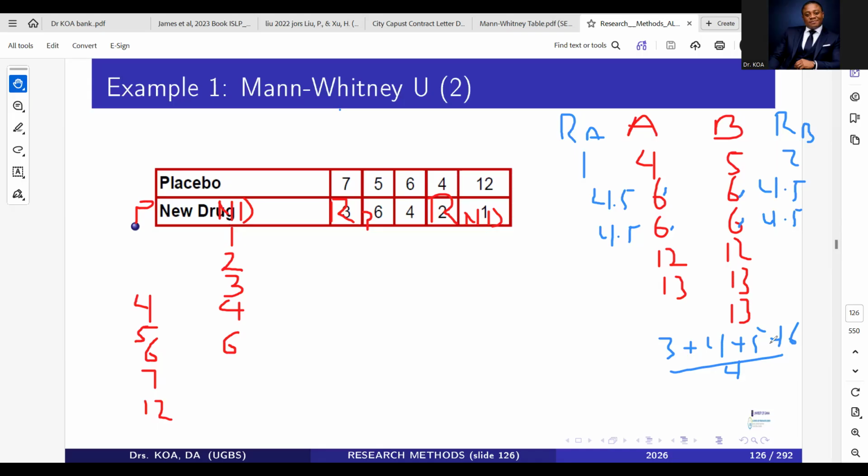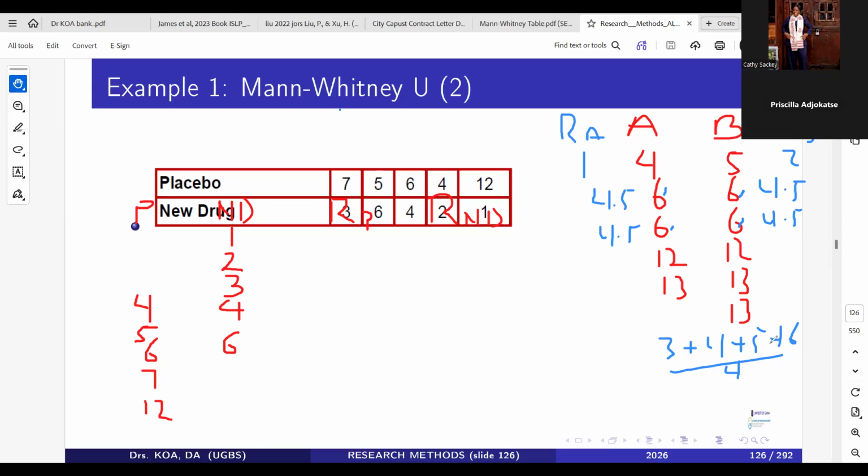So the next rank will be what? 7.5. Okay. She's already done it perfectly.